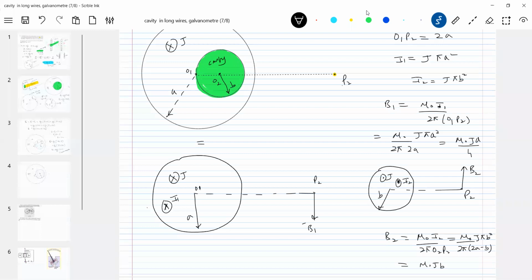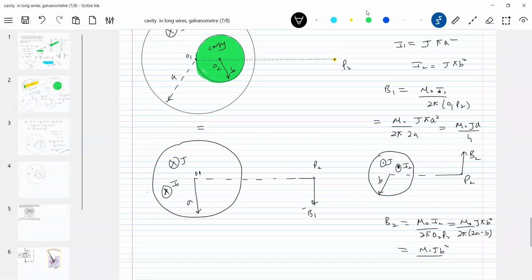So mu naught J B square by 2(2A minus B). Check the calculation once.